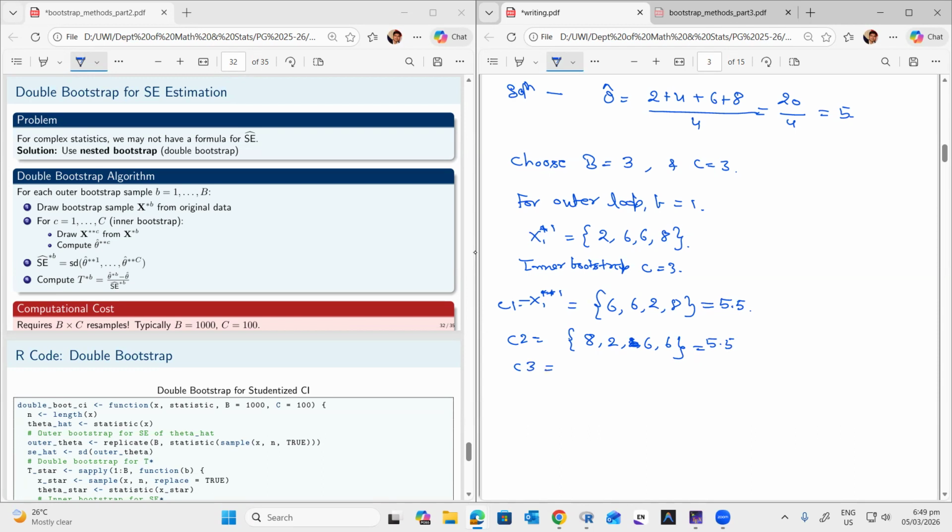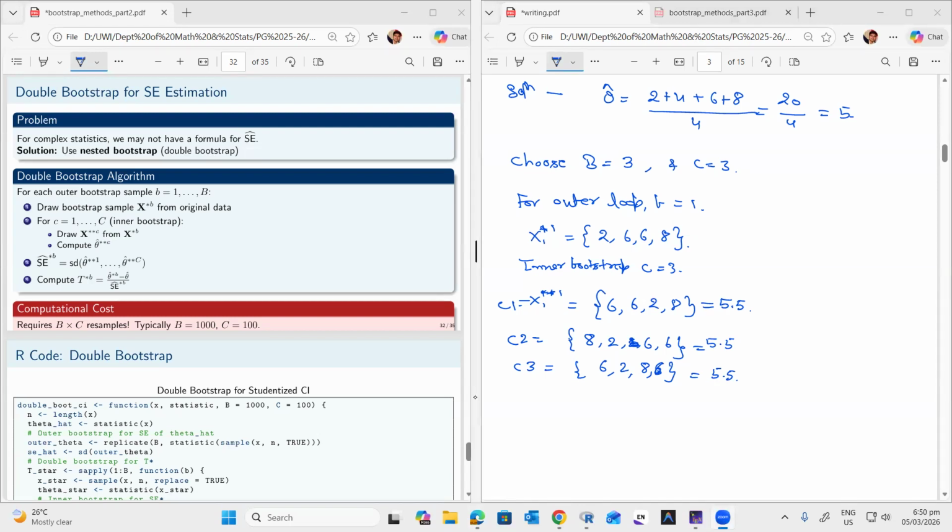Suppose in the third one it occurs as 8, 6, 6, 2, so again the sample mean will be 5.5. Is it possible for the samples to occur in such a manner? Yes, the possibility is there. So now I have three means, all 5.5.